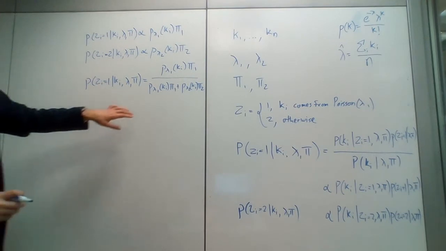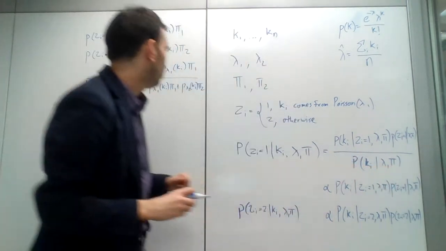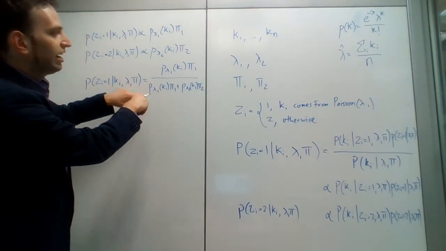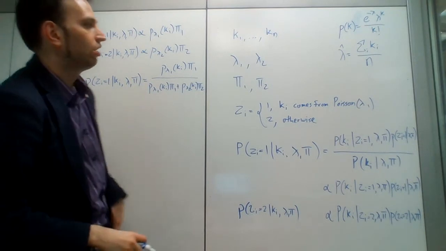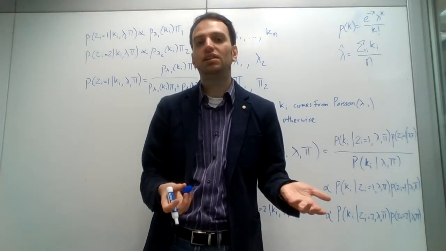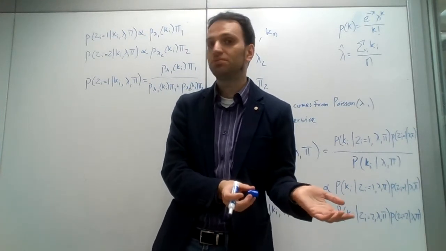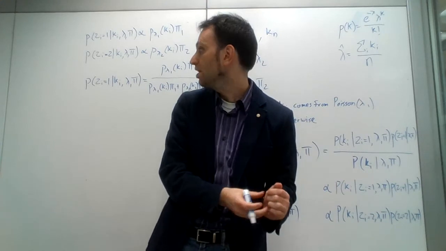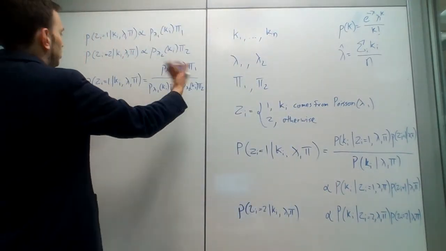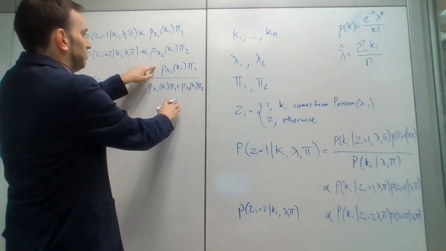We knew this already because this is just the sum over zi equals 1 and 2 of this term. This is exactly what we did when we were computing the likelihood in the first part of this question. And the probability of zi equals 2 is computed exactly the same way.